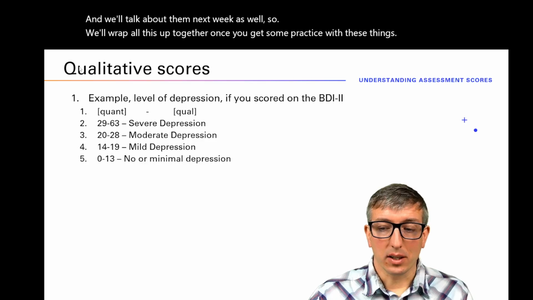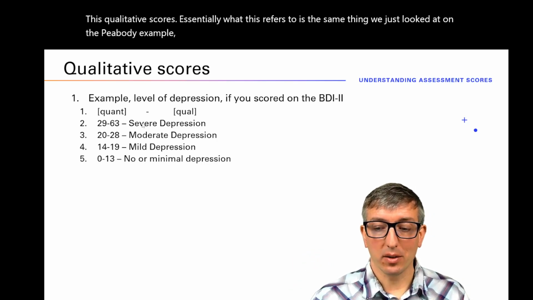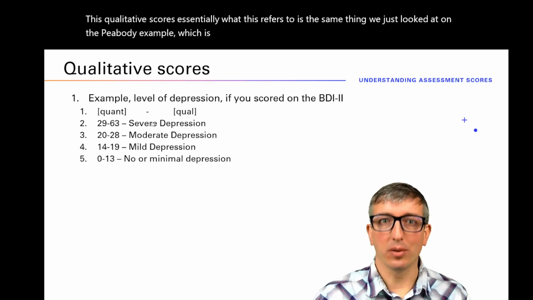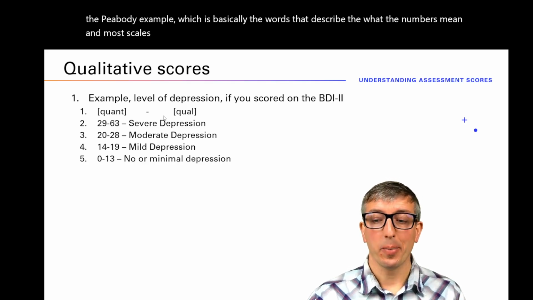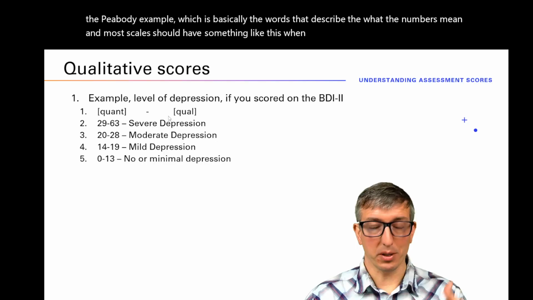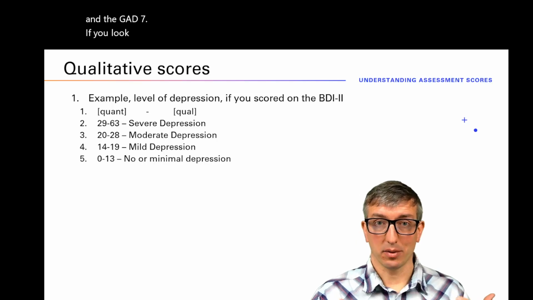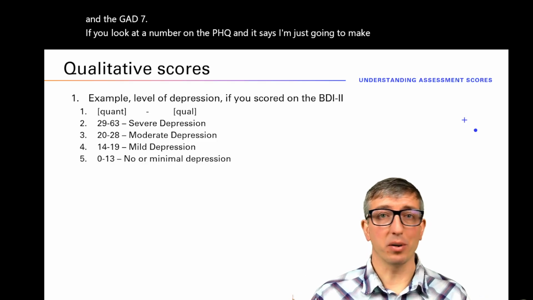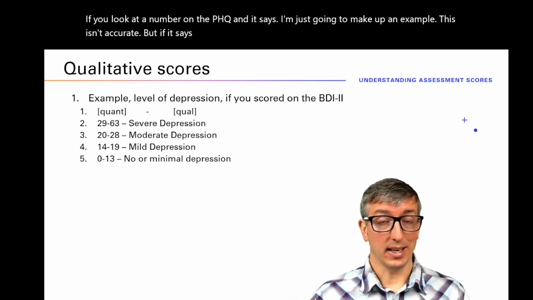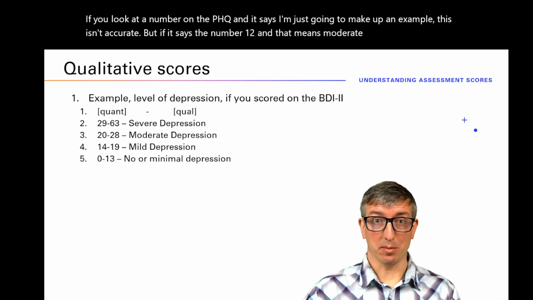Qualitative scores, essentially what this refers to is the same thing we just looked at in the Peabody example, which is basically the words that describe what the numbers mean. And most scales should have something like this. When we go through the PHQ and the GAD-7, if you look at a number on the PHQ and it says, I'm just going to make up an example, this isn't accurate, but if it says the number 12 and that means moderate depression likely, does that mean a person has moderate depression?